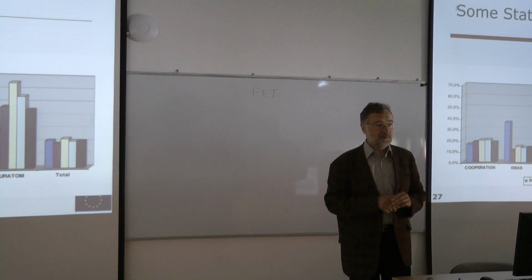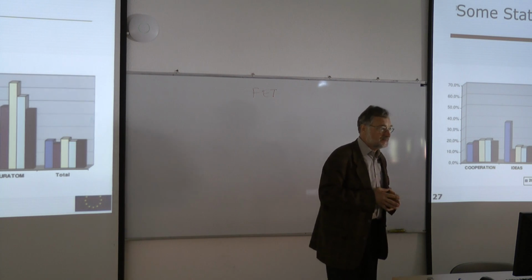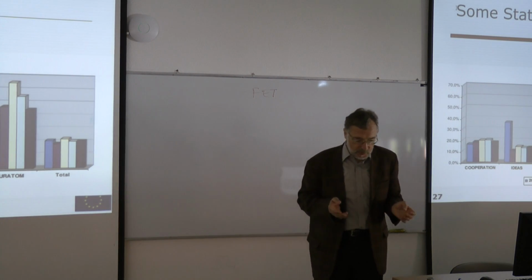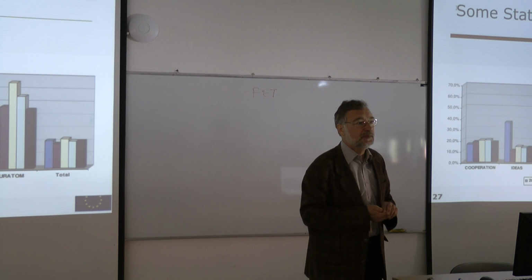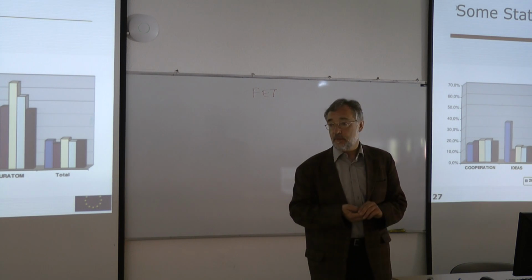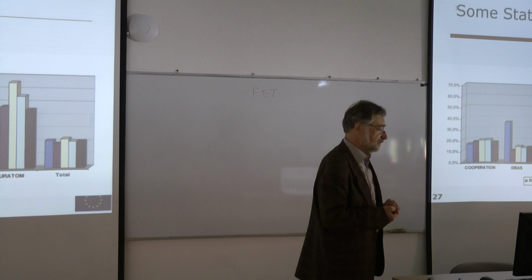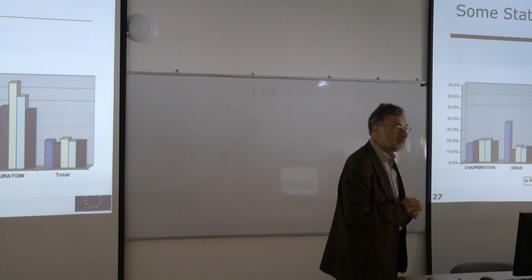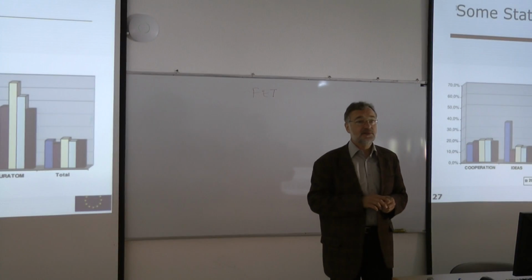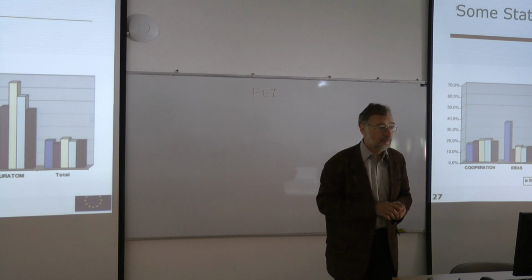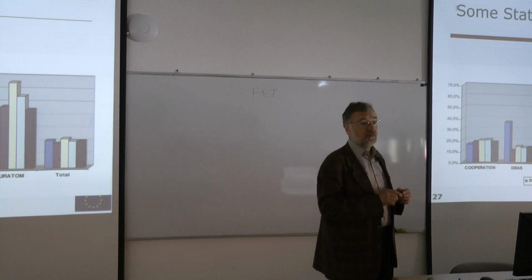Why is it like this? One perhaps evident reason is that there are a lot of bad proposals, not well written proposals. But that's only one reason. The other reason is that there is not so much money available. I mentioned the word evaluation.